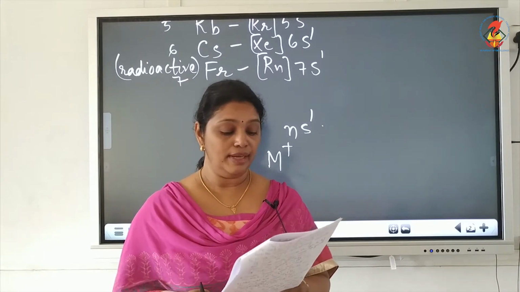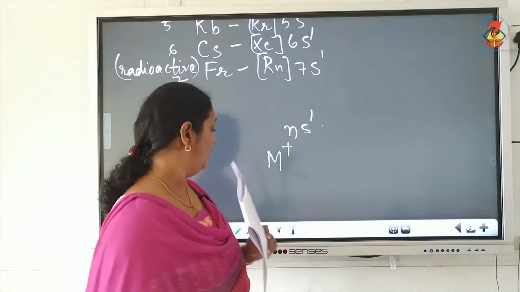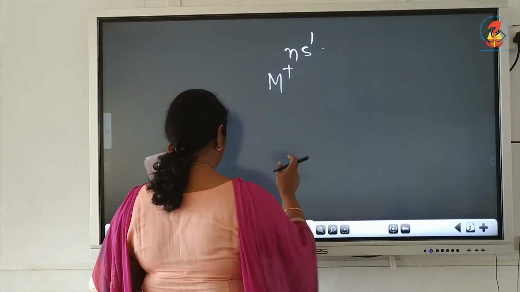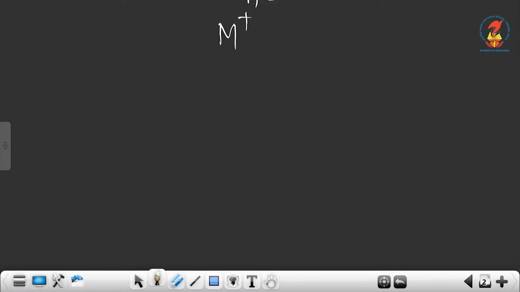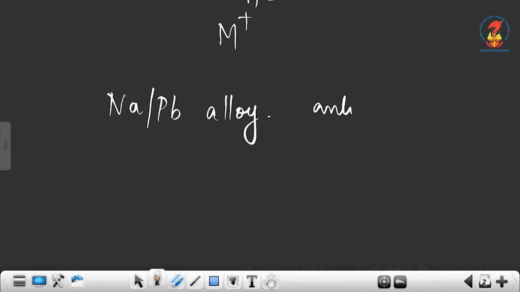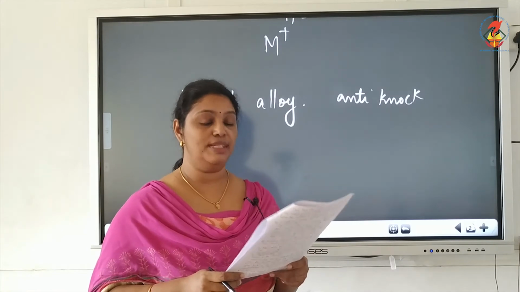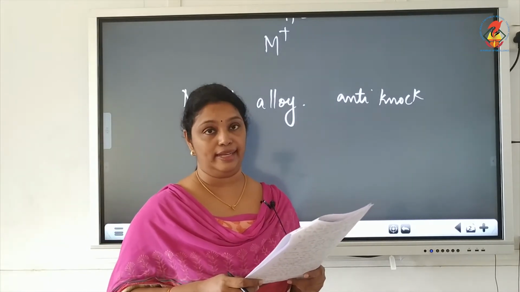Okay. Now, next is give two uses of sodium and lithium. Now, what are the uses of sodium and lithium? Now, sodium lead alloy, lead is Pb. Sodium lead alloys, they are used as anti-knock additives in petrol, and liquid sodium metal is used as a coolant in nuclear reactor.